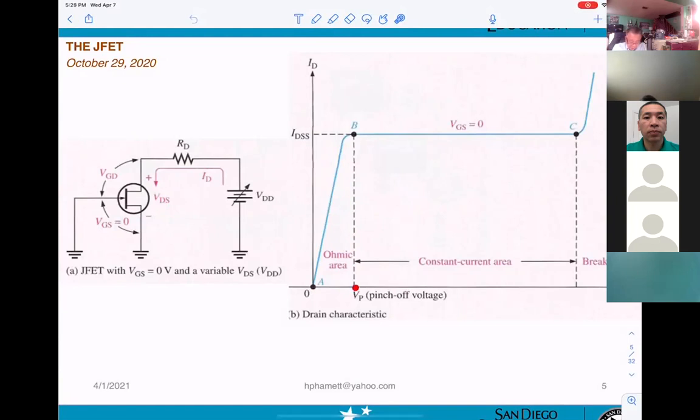And now the VP we call the pinch-off voltage. Starting from VP, the current will be constant. Okay, it cannot change, and it equals IDSS. So what is IDSS?